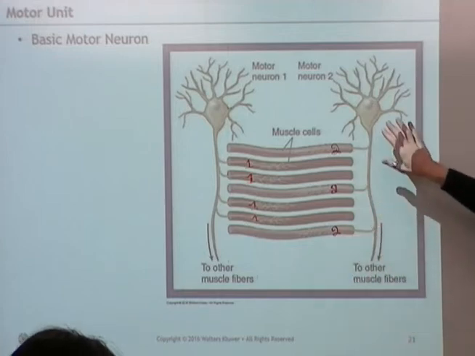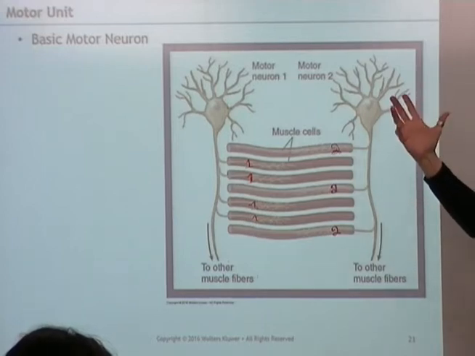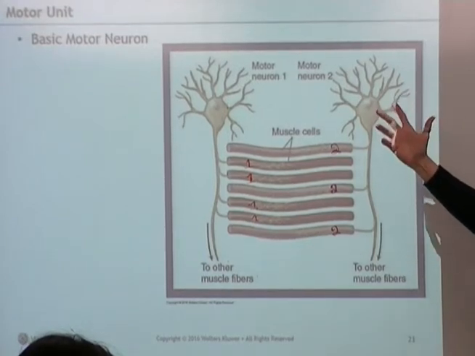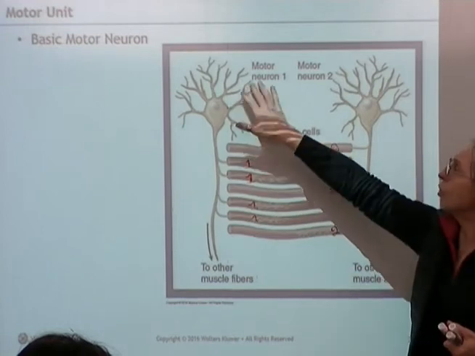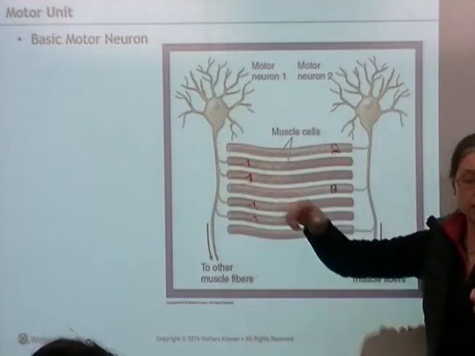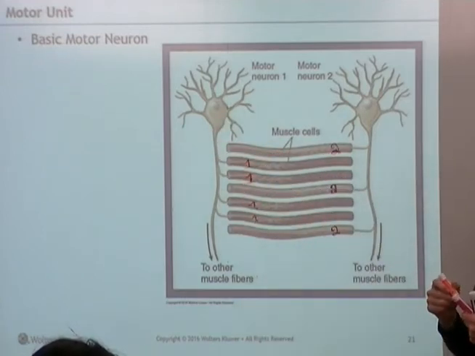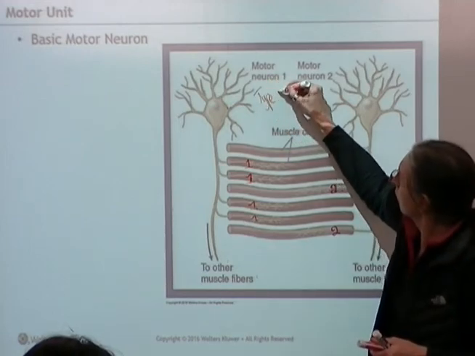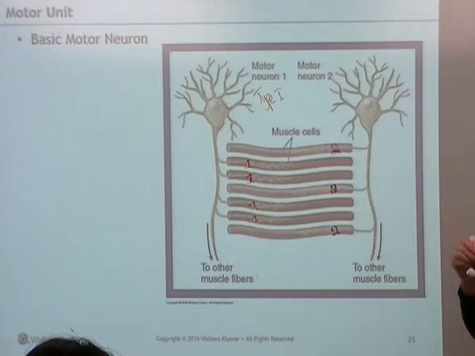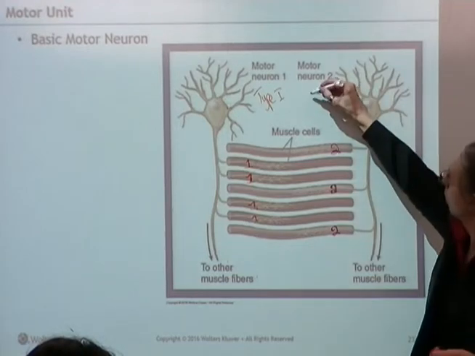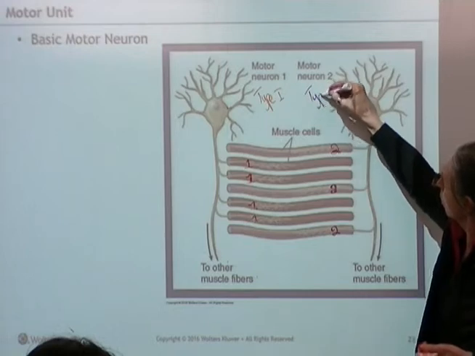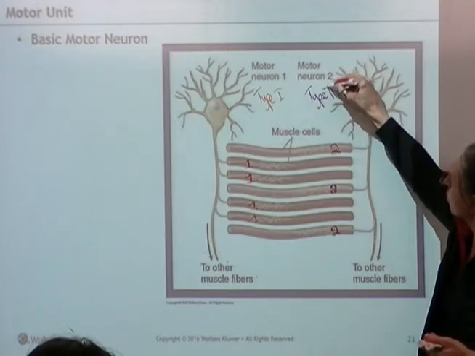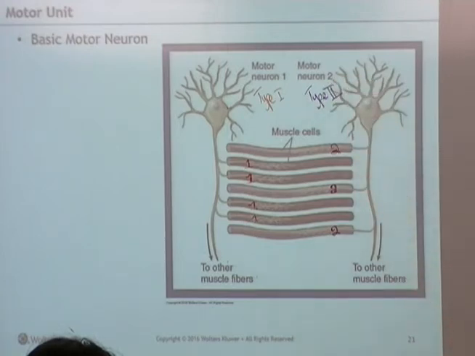So, let's say, for argument's sake, right now, motor neuron number 1 is type 1. Right? And motor neuron number 2 is a type 2. And we won't decide whether it's an X or an A. We'll just say it's a type 2.